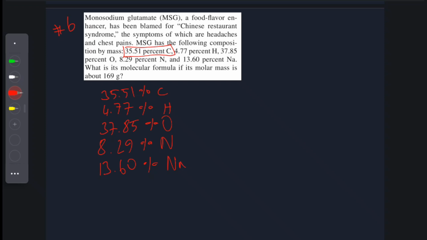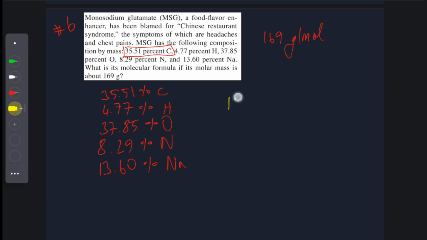What is its molecular formula if its formula mass is about 169 gram? So the molar mass of the compound is this, and we know how to find the percent ratio of an element.